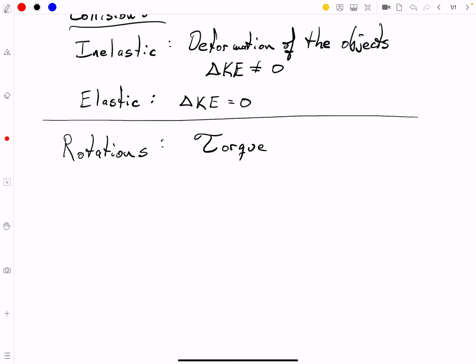That symbol, I like to do this for torque, is called tau, and torque is equal to the moment of inertia times alpha. We won't be doing a whole bunch of moment of inertia stuff.